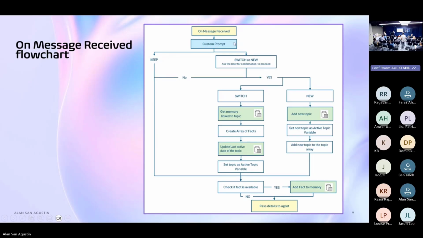On every message received, I've got a custom prompt that tells me if the user is trying to change the topic, or are we keeping it, or is it a new topic that's not on the initial list? So I'm passing the array of topics to the agent to ask: are we still keeping to the same topic, or switching to a current one, or creating a new one? Is this a new discussion?